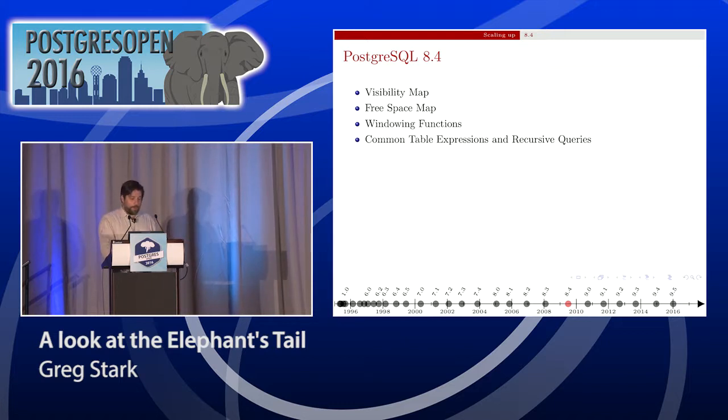At this point, this is still scaling up because of the visibility map and the free space map. The free space map addressed operational problems where you had to tune these parameters. A major priority in Postgres is removing parameters that need to be tuned manually.